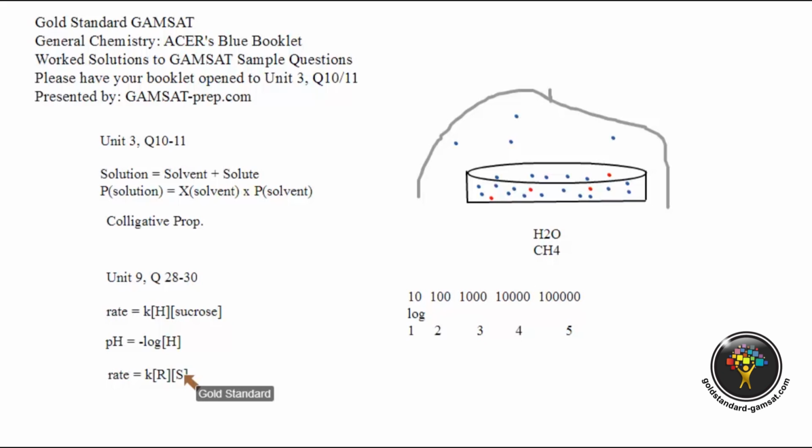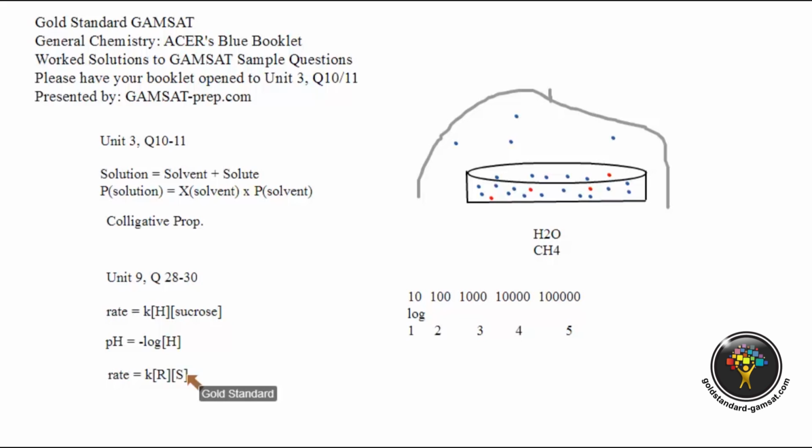You can't look at the coefficients of the reaction and use them as exponents. In order to know what the exponents are for the rate law, you have to get evidence. You need an experiment, and you have some sort of table, and then you can interpret the data from the table. And the interpretation is quite basic.